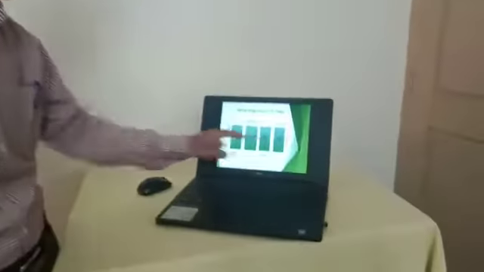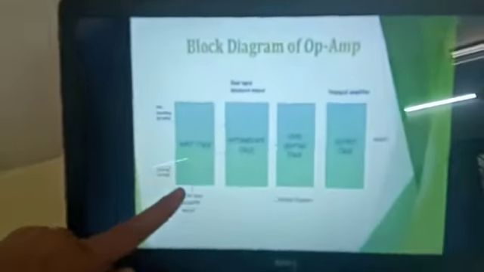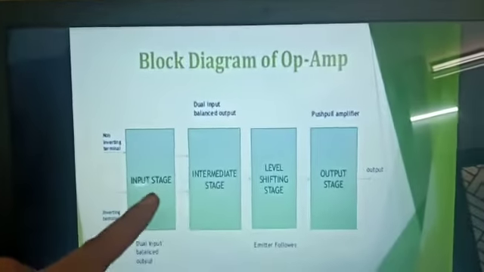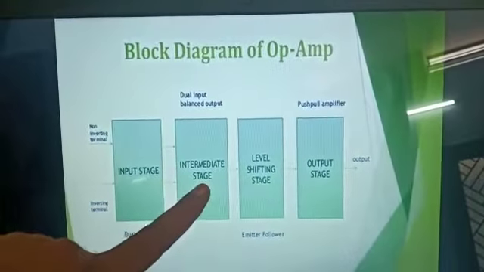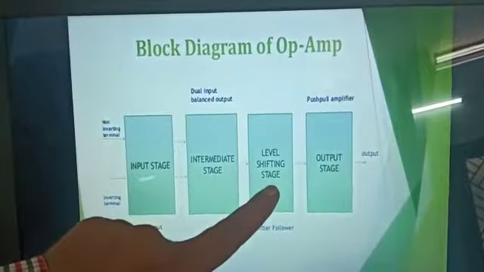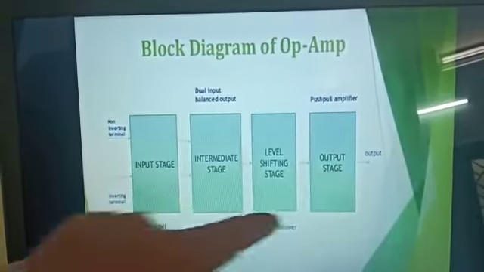Now let's go to the block diagram of an op-amp. What are the important blocks contained in an op-amp 741? Here there are 4 important blocks. The first is the input stage, the second is the intermediate stage, the third is the level shifting stage, and the last is the output stage.